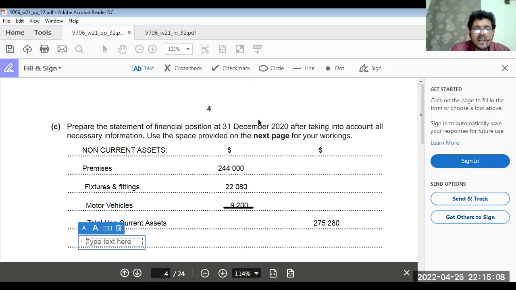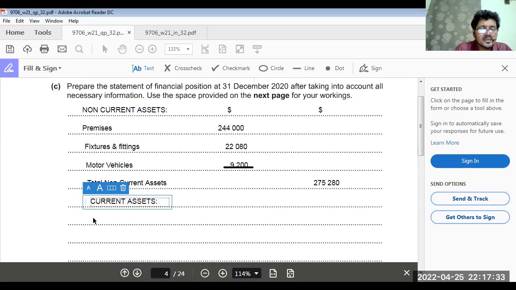Okay. Now, adding current assets. We have two types of current assets here: inventory and trade receivables.